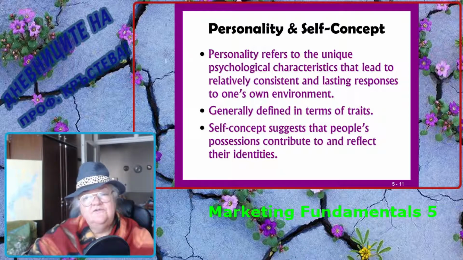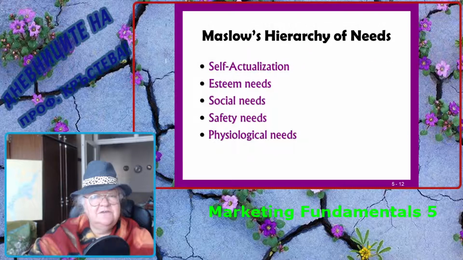Personality refers to the unique psychological characteristics that lead to relatively consistent and lasting responses to one's own environment, generally defined in terms of traits. Self-concept suggests that people's possessions contribute to and reflect their identities.